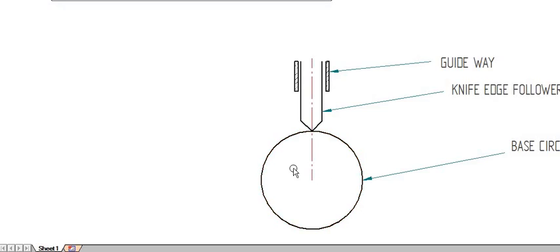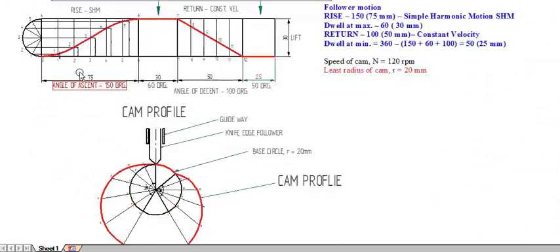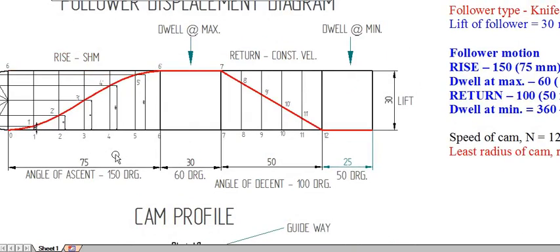That is, first 150 degrees SHM, second is dwell for 60 degree, third portion is return using constant velocity for 100 degree, and fourth is dwell for the remaining 50 degree.